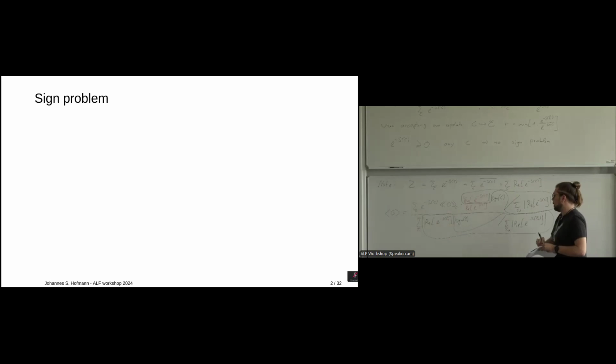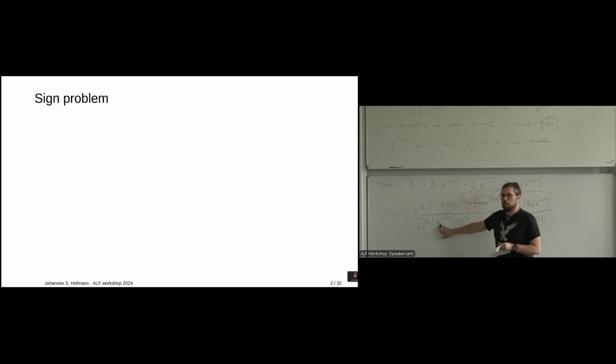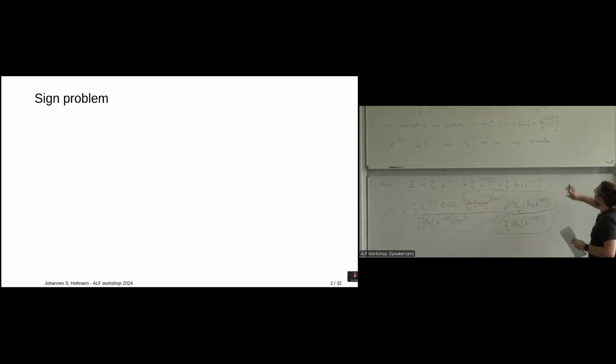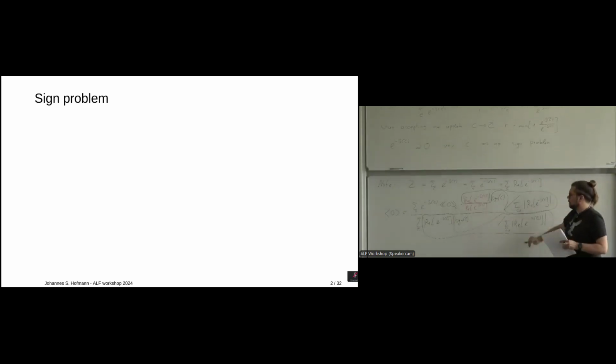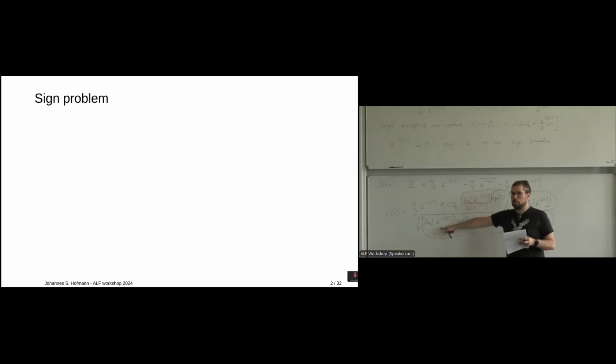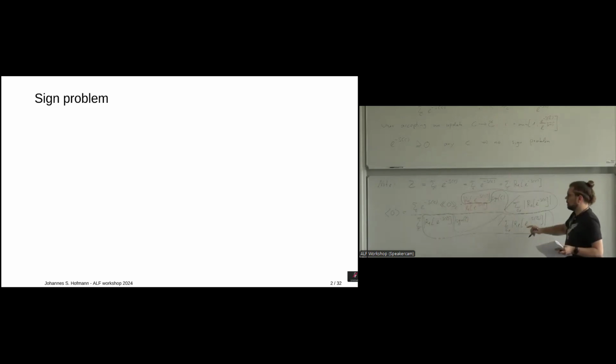And now I ensure that these are always positive numbers. So if I replace the weights at the end of the day by the real part of this in these formulas, I have ensured that this will be a positive number, and I can always interpret this as a probability to accept the move or not.